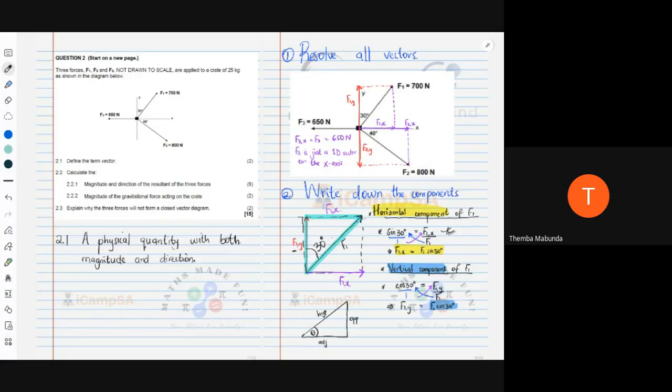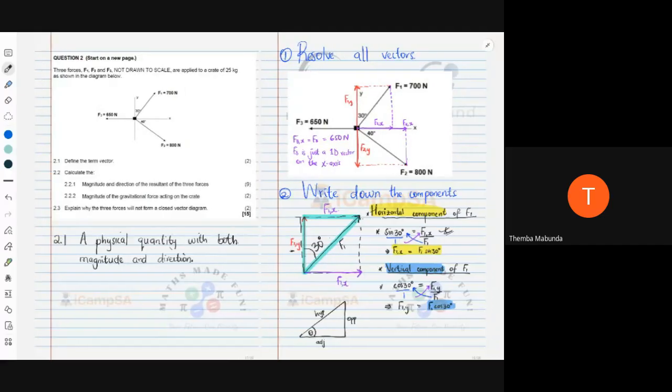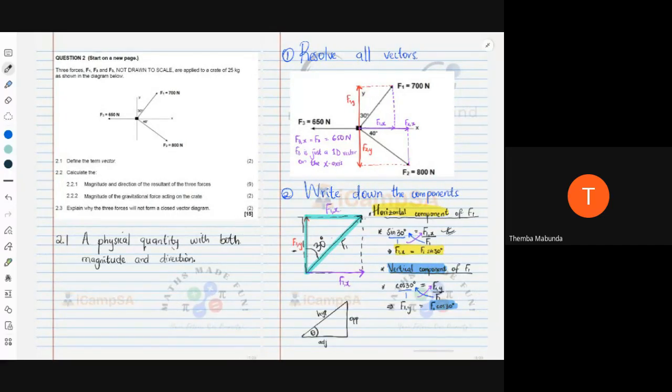From there, we can find a resultant. In essence, the final resultant vector of F1, F2, and F3 is a combination of the components of the vectors of F1, F2, and F3.